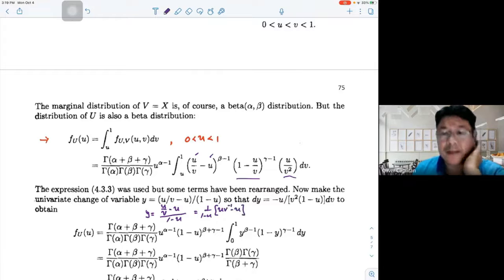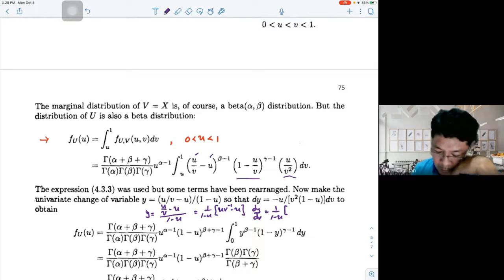Then if we're going to take the derivative of Y with respect to V, we have dy dV. We have here 1 over 1 minus U, and then for our other factor, negative 1 U V to the negative 2. So we have negative U over V squared.